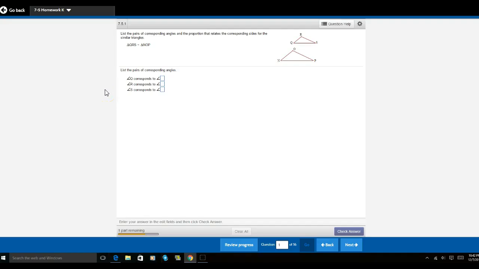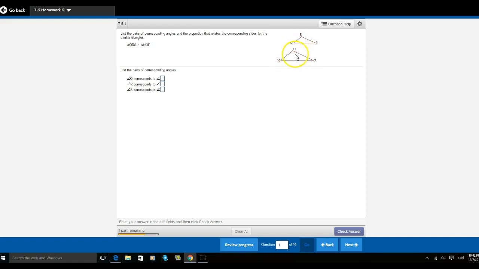Okay, so we are going to just start here and we're going to start looking through some of these problems just to give you some ideas of what to expect. So list the pairs of corresponding angles and the proportion that relates the corresponding sides for the similar triangles. So triangle QRS and triangle NOP are similar triangles.